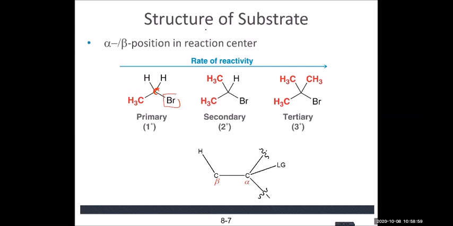But in the elimination reaction, what we find out is that with the tertiary substrate, the reaction is fastest, a very fast reaction.